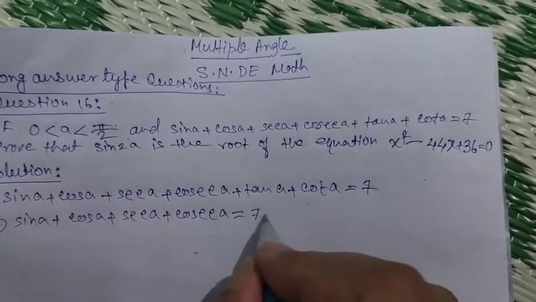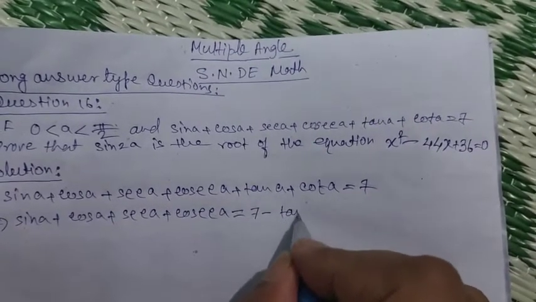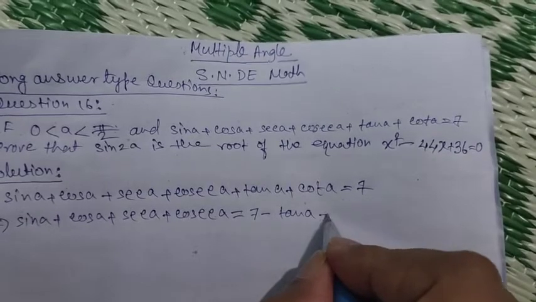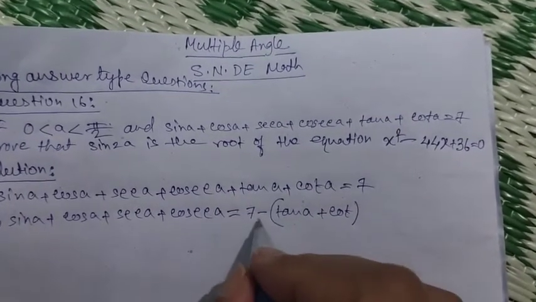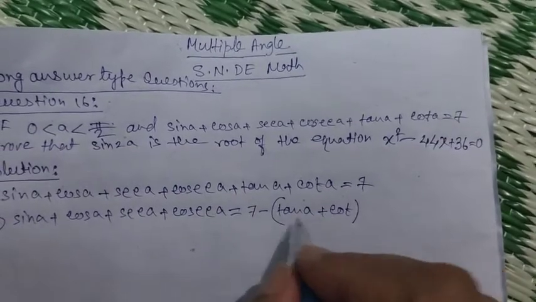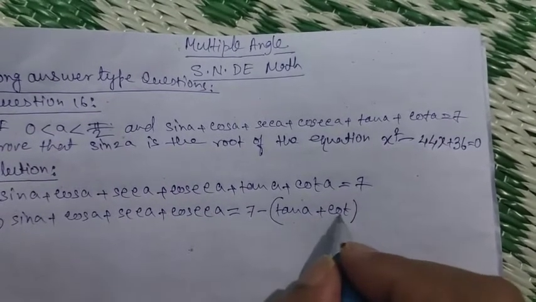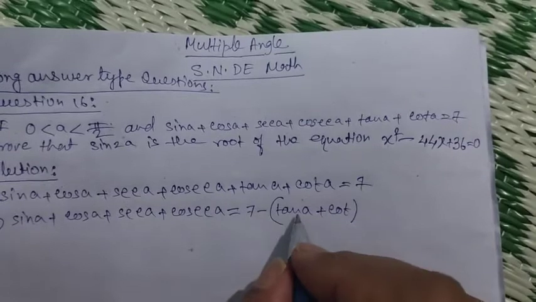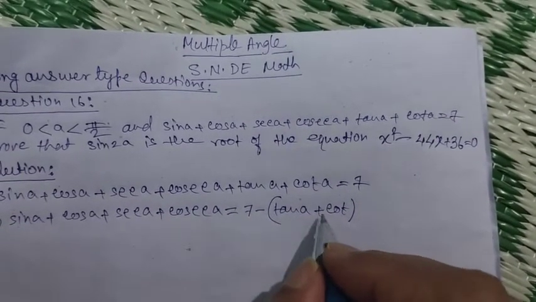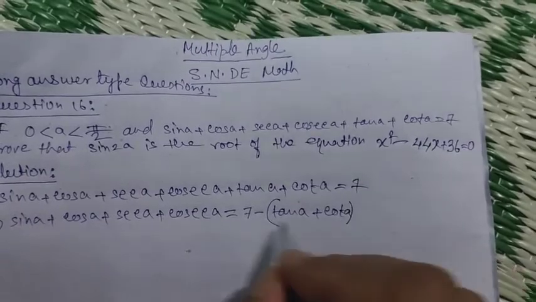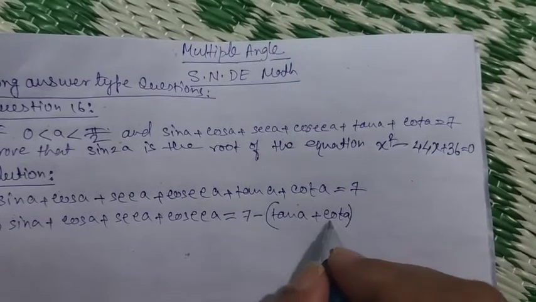So it becomes 7 minus tan a plus cot a. I am taking minus common, that is why after interchanging sides, minus tan a minus cot a becomes minus of tan a plus cot a.